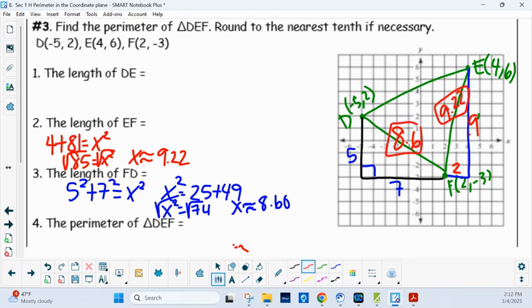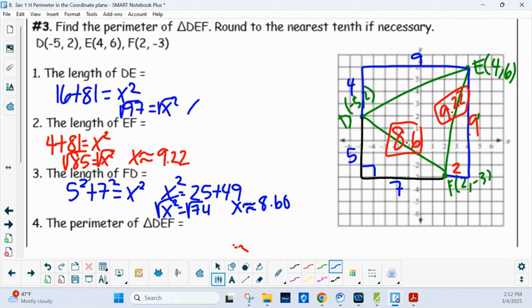And then finally, again, you can make a right triangle connecting the ends of the third side. So we've got a 4 and a 9 again. So 4 squared, 16 plus 81, 97, square root of that. 9.85 for the final.